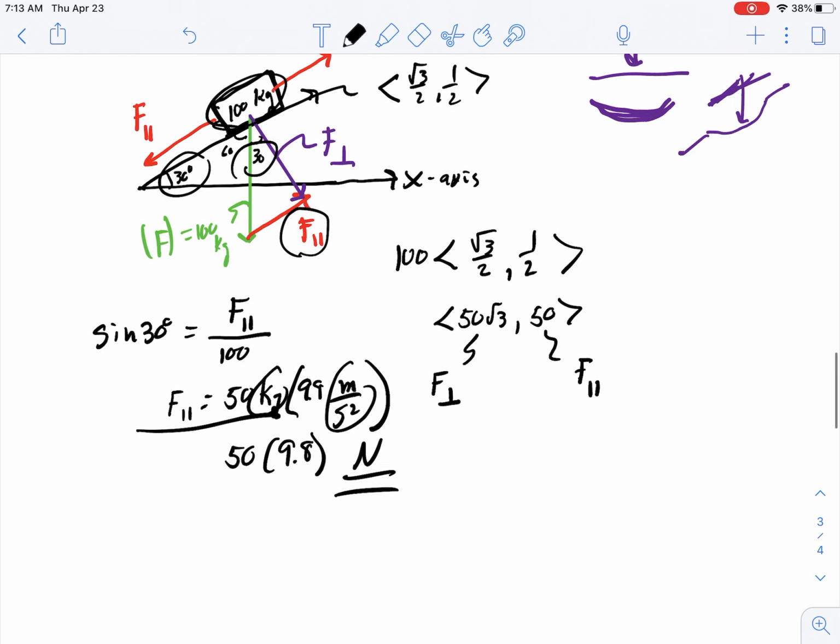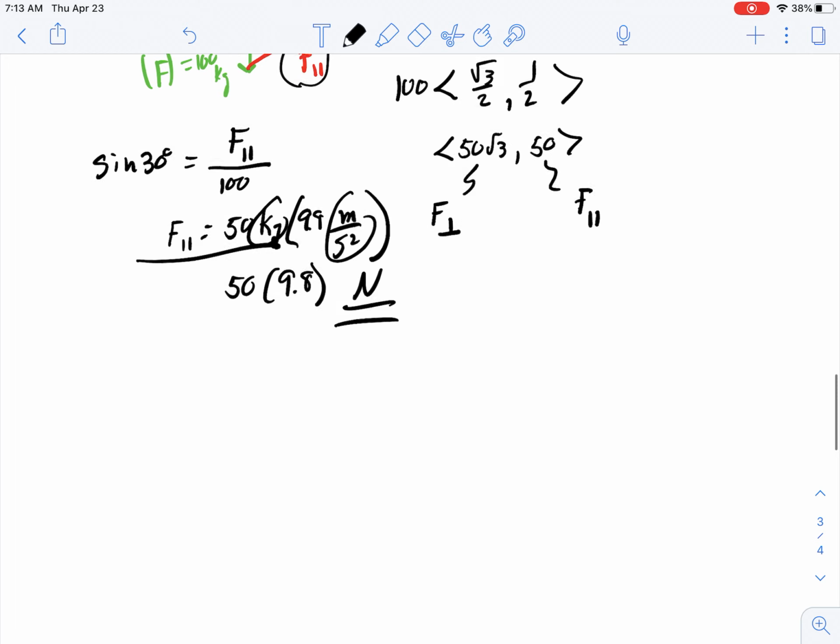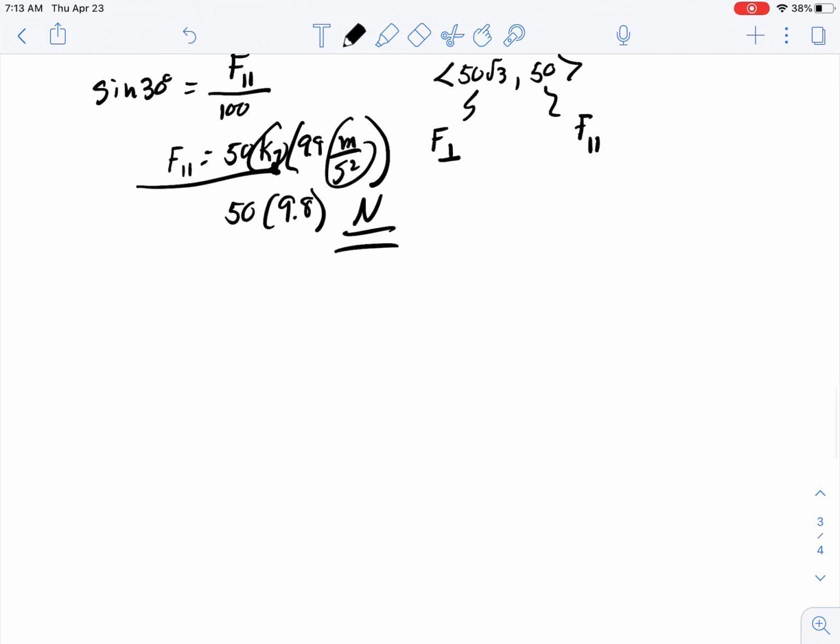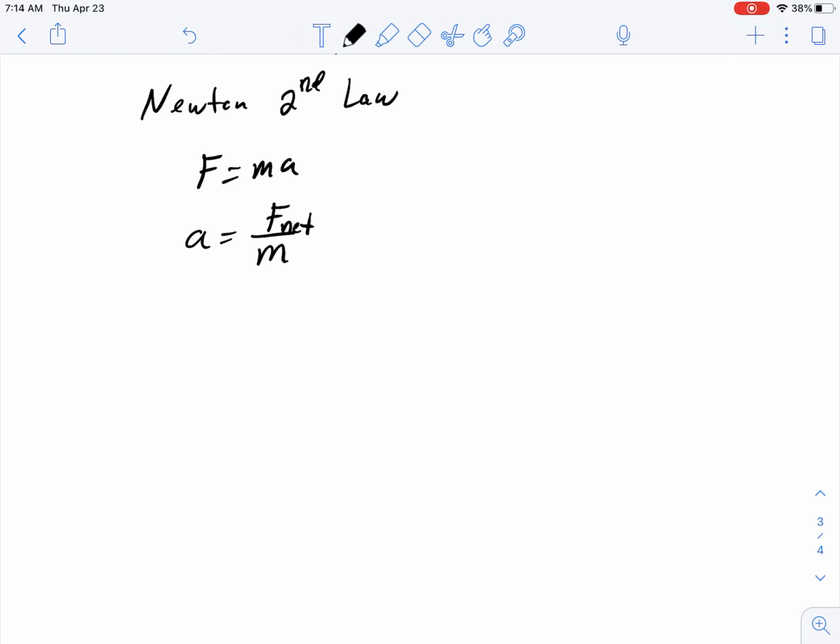Now, let's look in terms of the acceleration of the object going up or down. Well, that would be Newton's second law. So if you look at, let's say, F equals ma, that would mean your acceleration then is F over m.